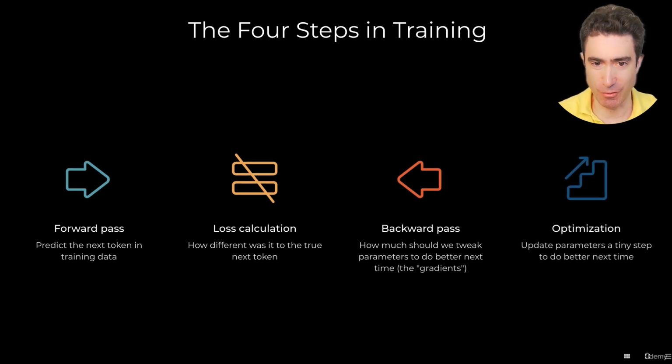And then finally, the 4th step, optimization. This is the thing that we selected, the Adam with weight decay, the AdamW optimizer, for our particular training exercise. Optimization is saying, okay, now we've calculated all of our gradients, what we want to do is tweak all of the weights a tiny, tiny bit, such that next time, if it were given the same prompt, it would do a little bit better and the loss would be a little bit lower.